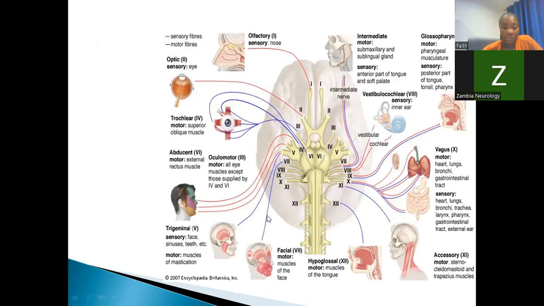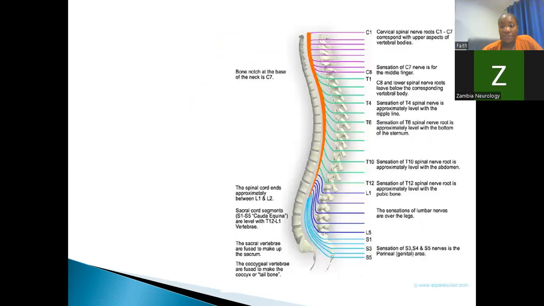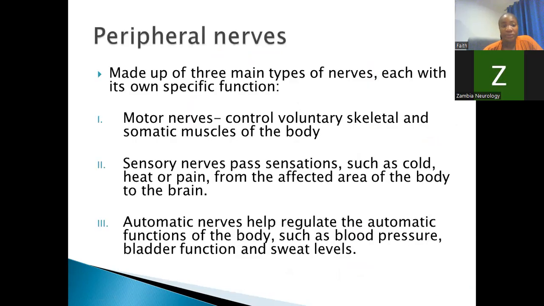It shows the different parts of the face and neck as well as the other parts of the body and organs that the cranial nerves innervate. And this diagram shows the 31 spinal nerves that we discussed.